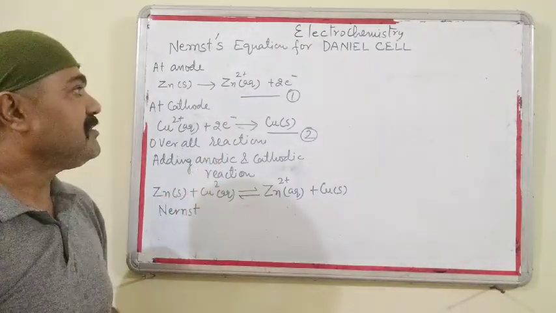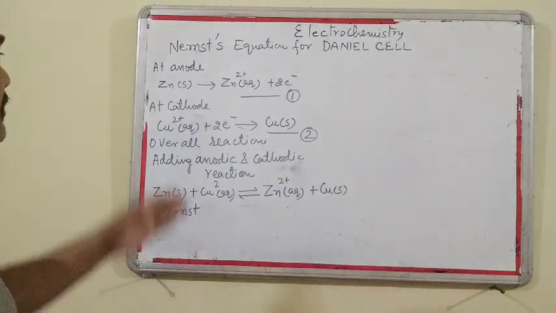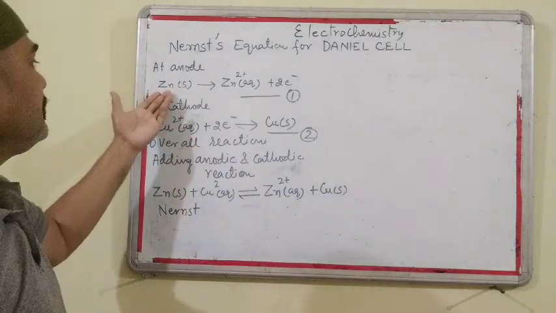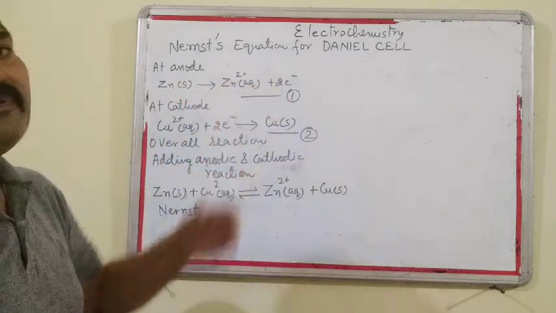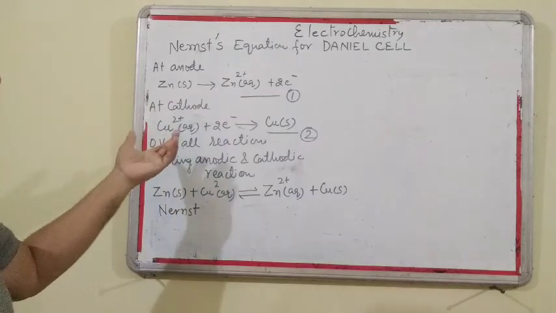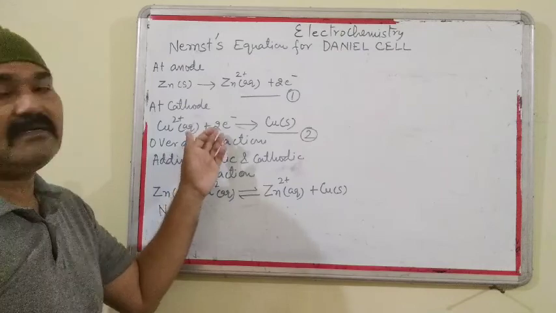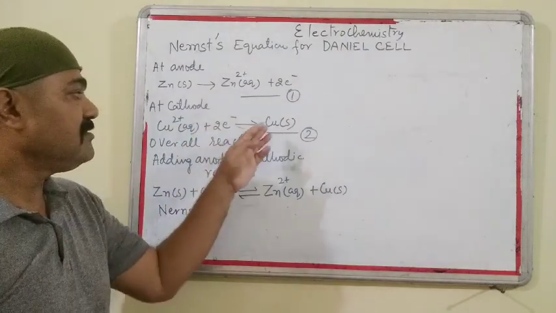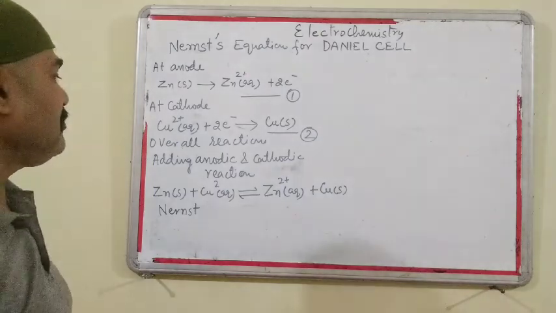In the previous video, we also studied the anodic and cathodic reactions which take place while gaining electricity from the Daniell cell. The reaction is: Zn(s) converts into Zn2+ by liberating 2 electrons. At the same time, in the cathode section, the copper ions gain these 2 electrons and deposit on the metal strip of copper.